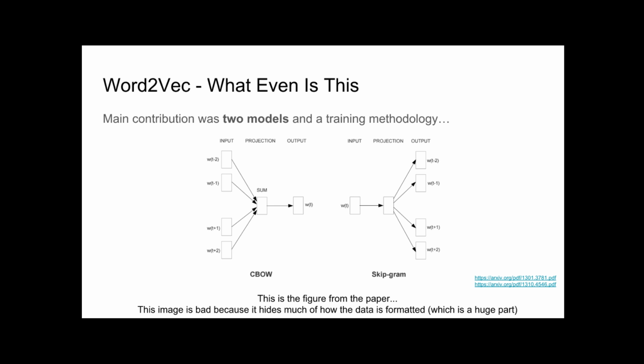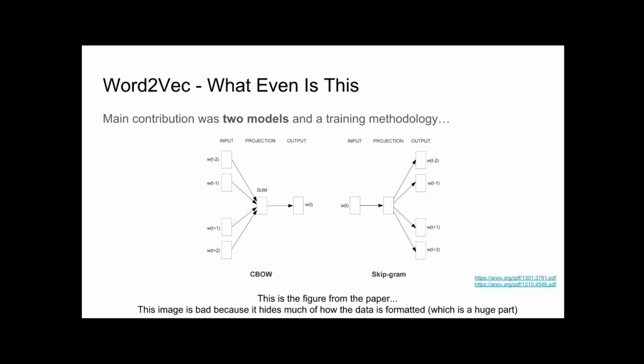Given the one-hot encodings of the words at t-2, t-1, t+1, t+2, within some window around your word, predict the word in the middle. That's CBOW. And for skipgram, you do the same thing in reverse: from the word that you know, try to predict the surrounding words.